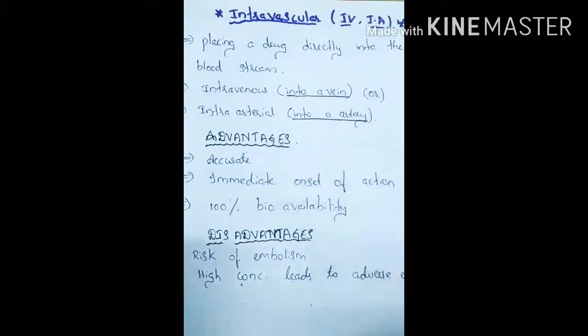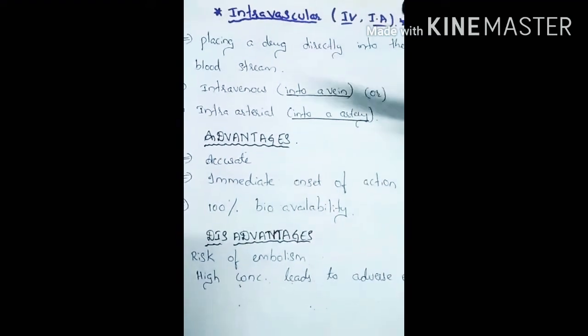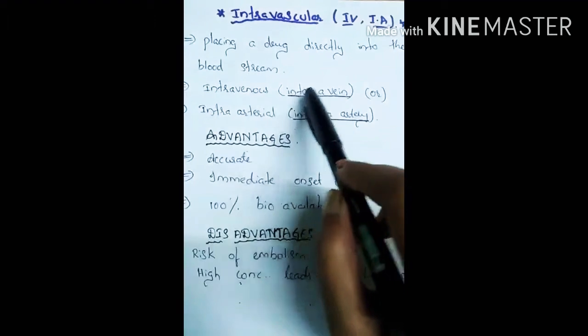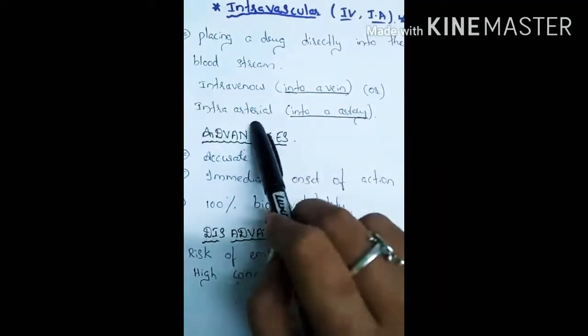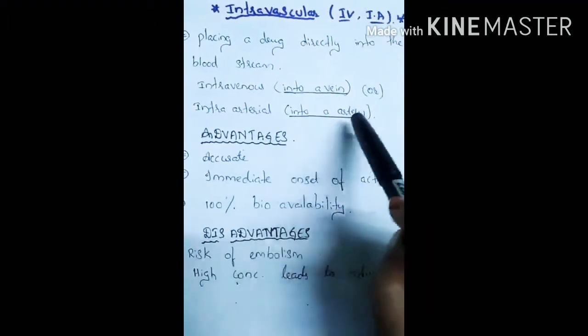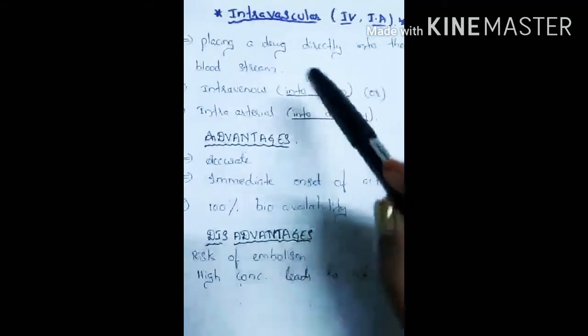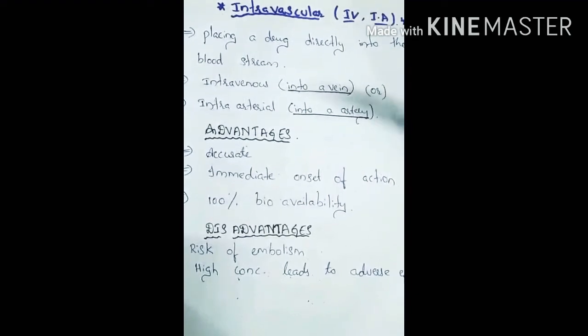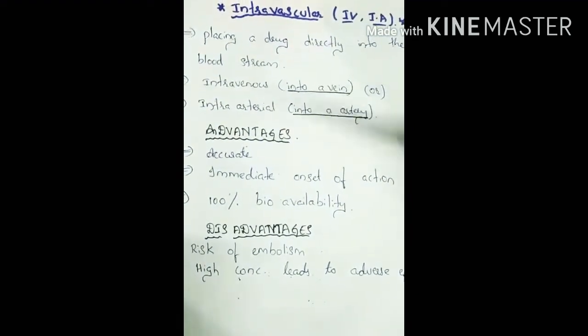A drug is inserted directly into the bloodstream through intravenous, into a vein, or intra-arterial, into an artery. So with the help of intravascular injection, we directly enter the drug into a vein or an artery.